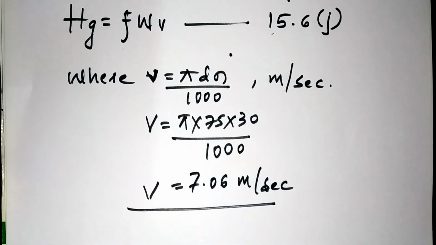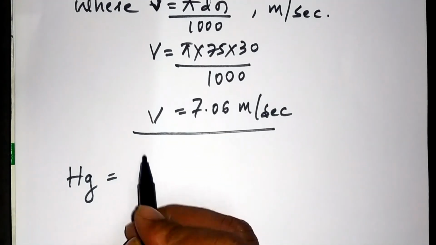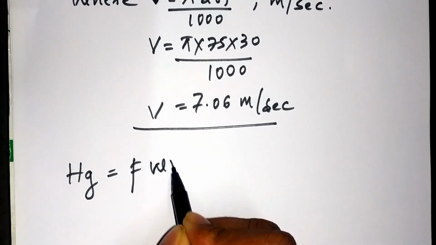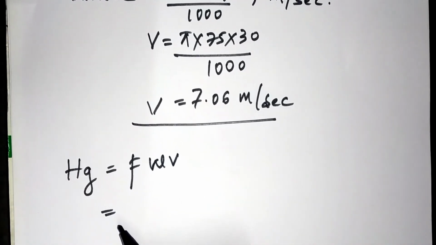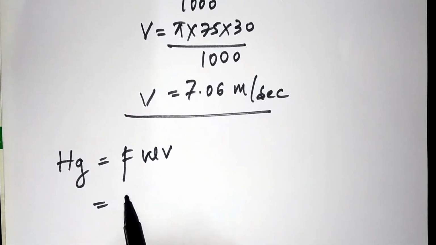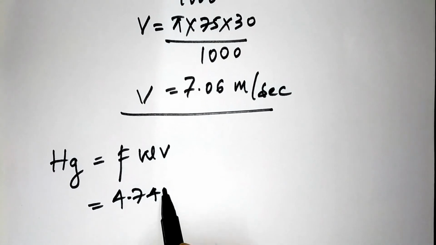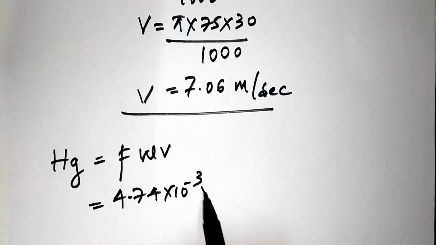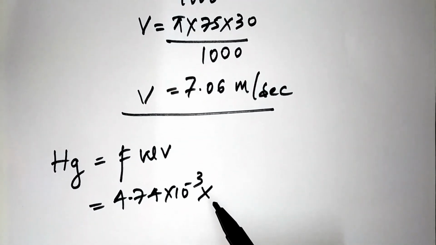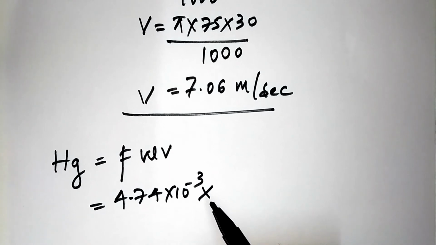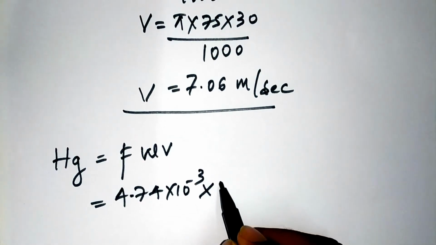So my heat generated in the journal bearing, I'll write it as F W into V. The value of F from the Mackey equation, you got as 4.74 into 10 raised to minus 3, into the value of W, that is the load which is going to act on the journal bearing, given in the problem as 12 kilonewton.